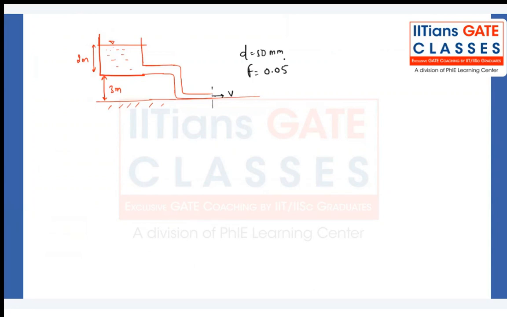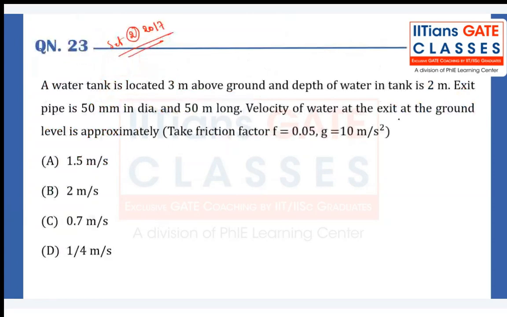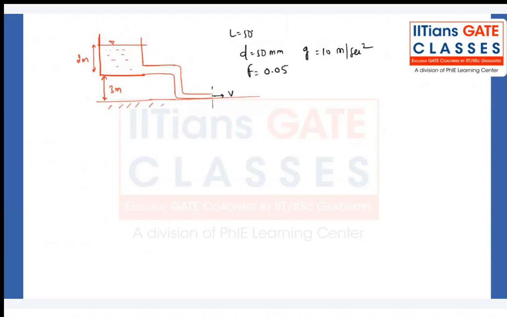So the friction factor will be 0.05, and the g value they have given is 10 meter per second square. And the length of the pipe they have given is 50 meter, the total length of the pipe from here to here, 50 meter overall.